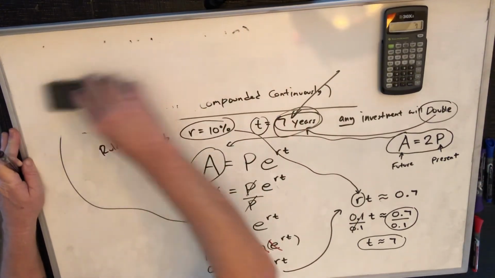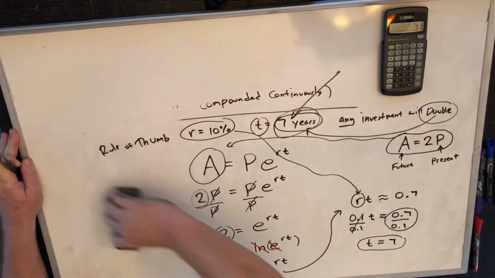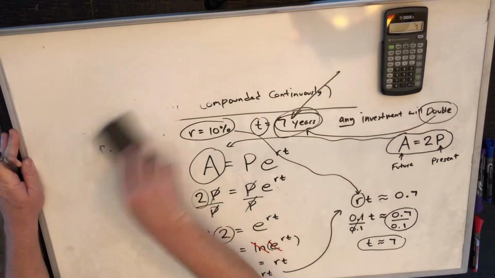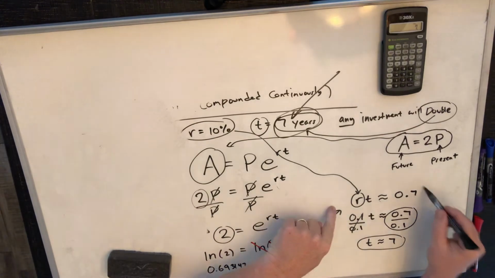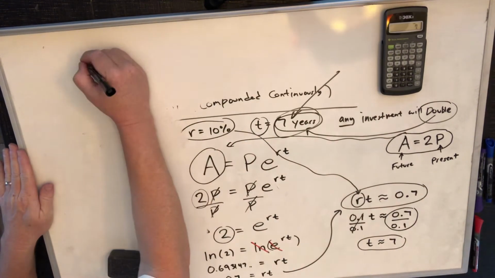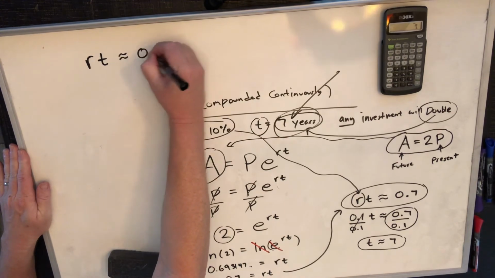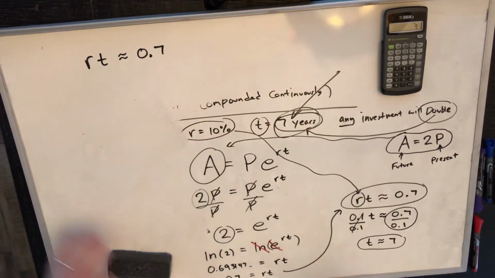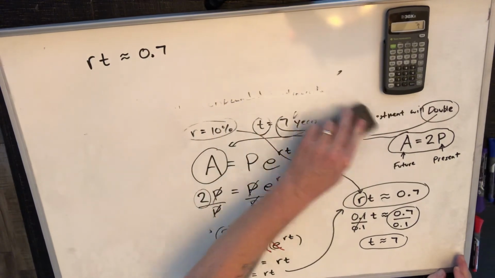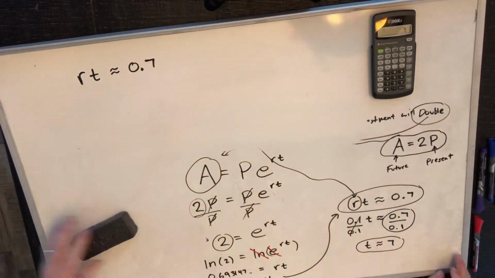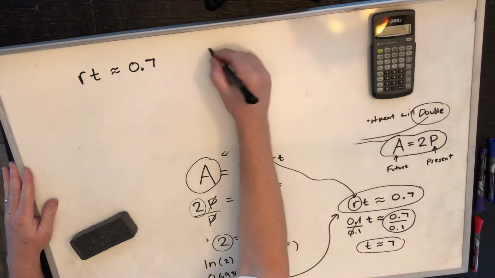You're not always going to get 10%. The interest rate could change. So we could take this formula here, RT is approximately 7/10. And watch what happens.